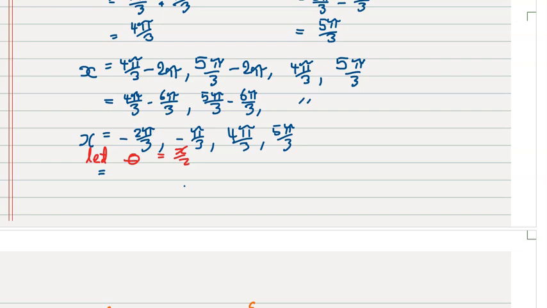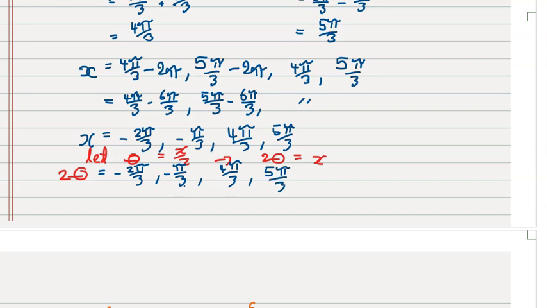I should say, let's say 2 theta equals x. That's what I should have said. So what we're going to get is 2 theta over here, and that's going to be equal to negative 2 pi on 3, pi on 3, 4 pi over 3, and 5 pi over 3.